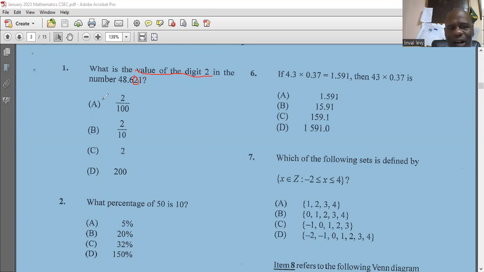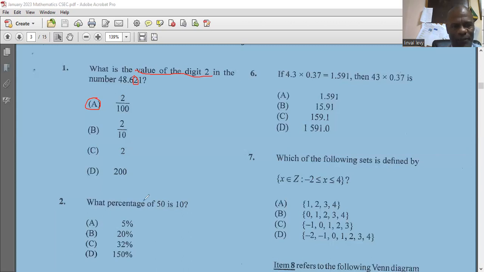So our answer then would be A, 2 over 100. And if we were to write that as a decimal, it would be 0.02. Good. Now let's look at number 2.